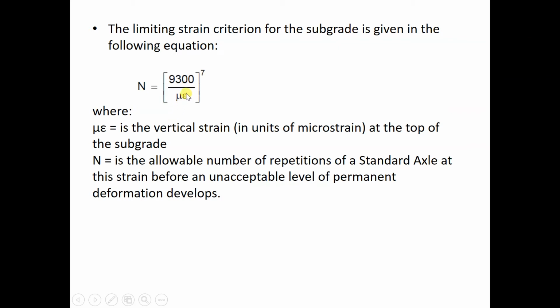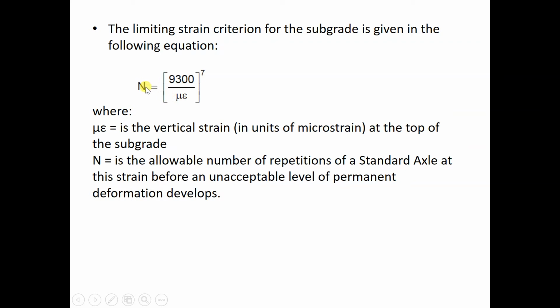We use the computer. Actually, this one is trial and error. We try a certain design based on the design loading, and through the iteration it can give us how much the microstrain is. And the design loading should not be greater than the allowable number of repetitions.